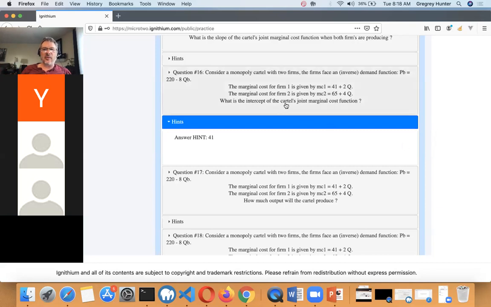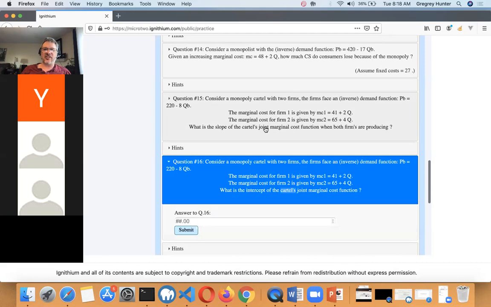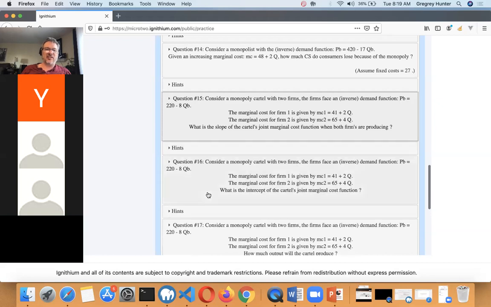Okay, so really, this question 16, the emphasis is on the cartel's marginal cost function, and this question here should say the joint marginal cost function. That would be better language. But again, when you do these things, you get to practice, so you should feel comfortable after you do it a couple times.